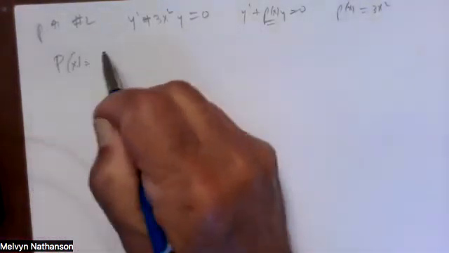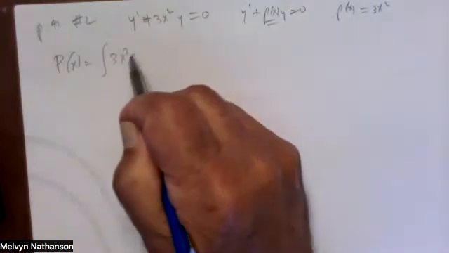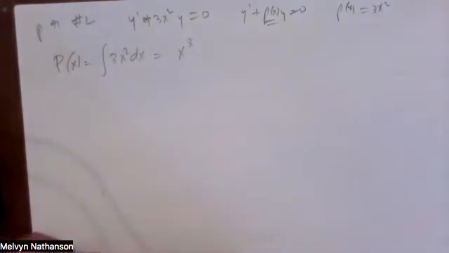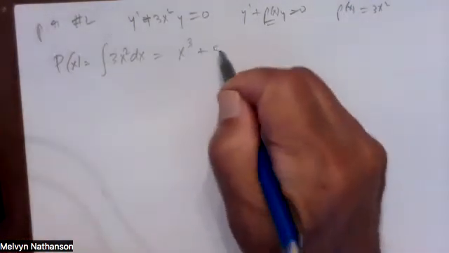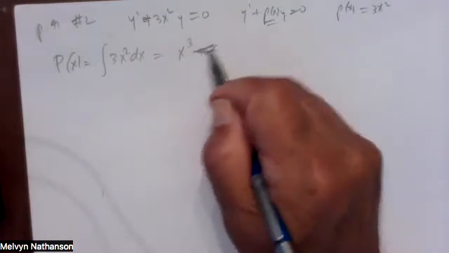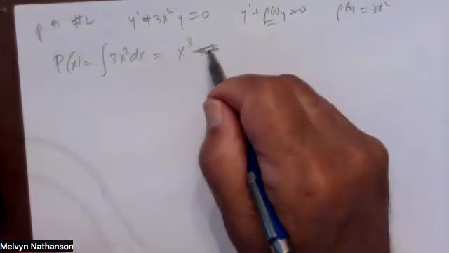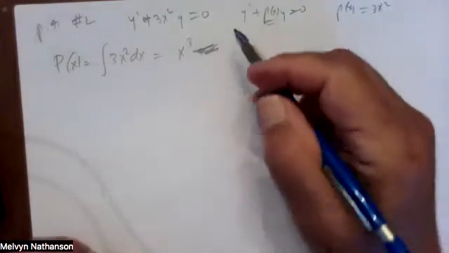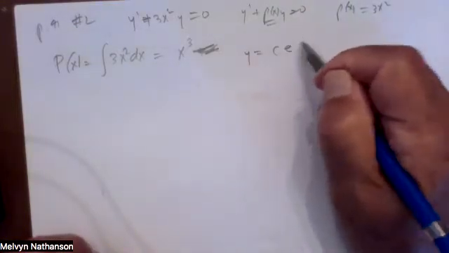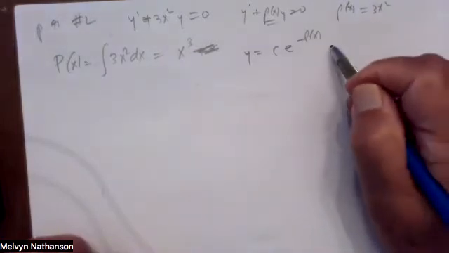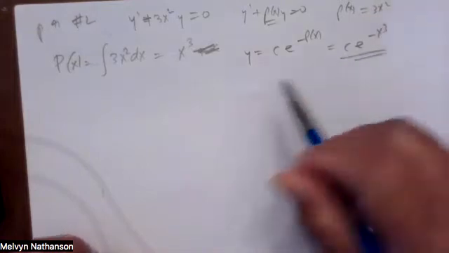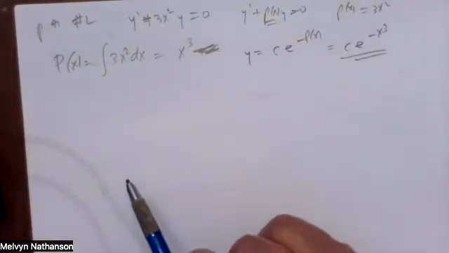And capital P of x is the integral of 3x squared, which is just x cubed plus any constant. Or it's enough just to write down x cubed, one particular antiderivative. So my solution y is equal to c e to the minus P of x, or c e to the minus x cubed. That's the solution of this differential equation.